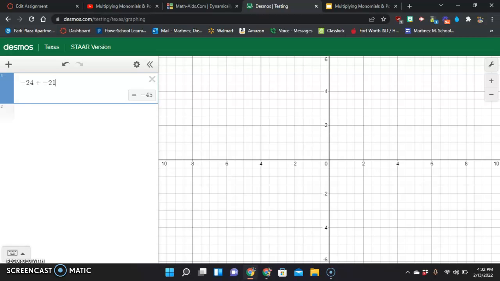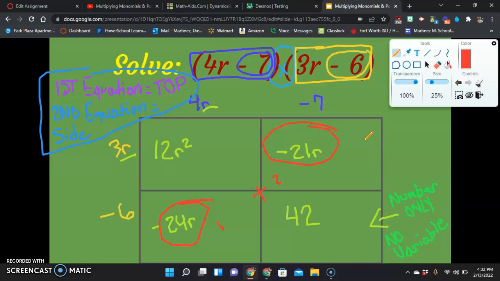You can find Desmos by going to desmos.com, or you can use the link I will provide on this assignment. So negative 24 plus negative 21, without the r, is equal to negative 45, and this time we add the variable r.